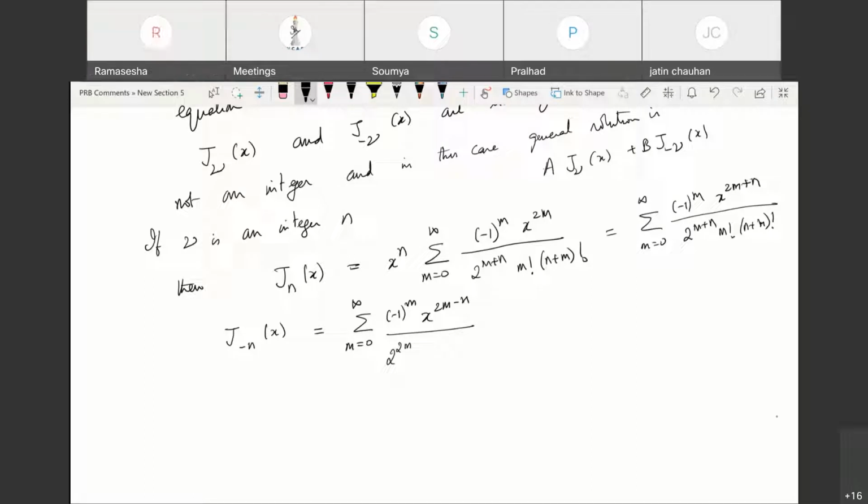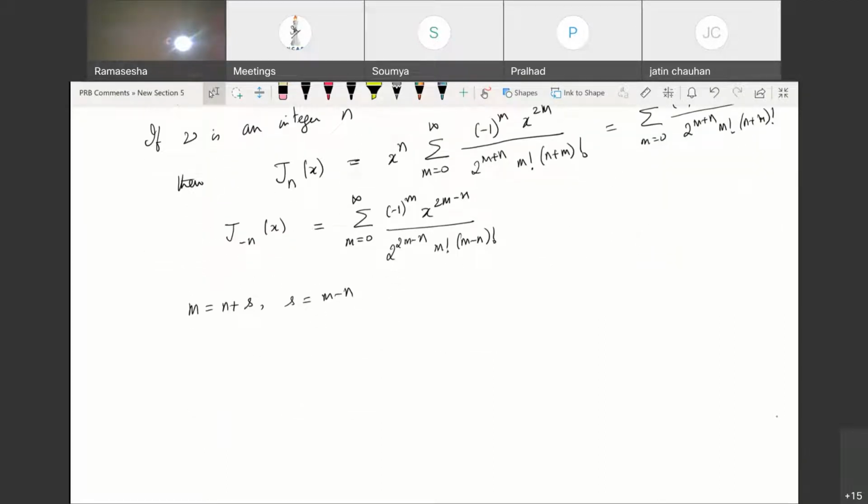Okay, now m n so s is m minus n. Okay, so if I take s is equal to m minus n, then the following I can change the sum.